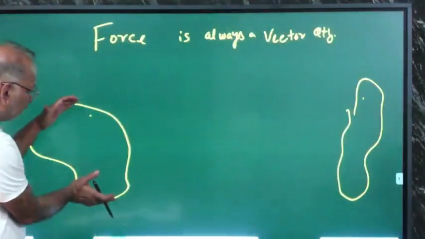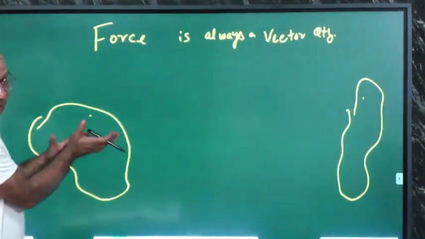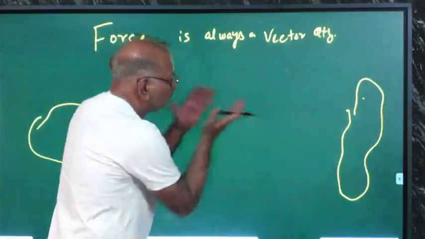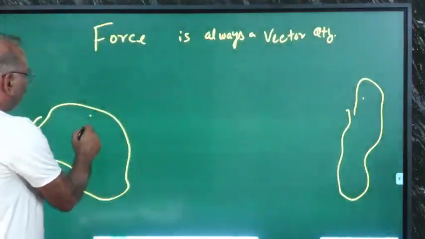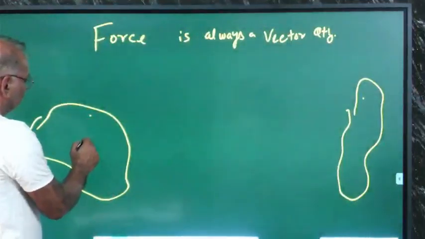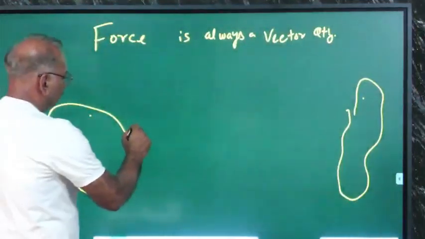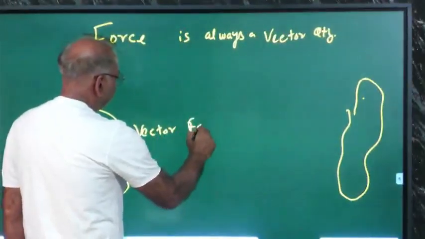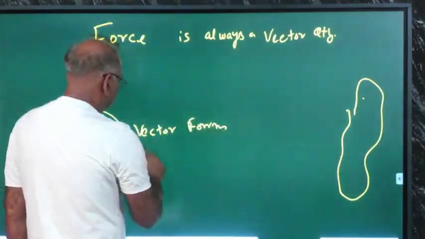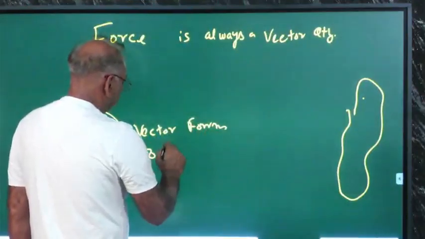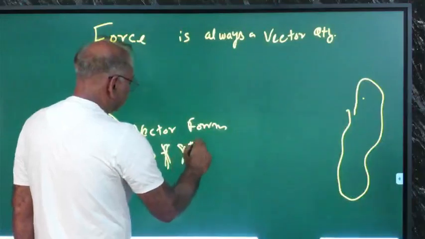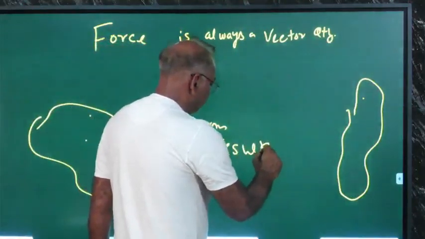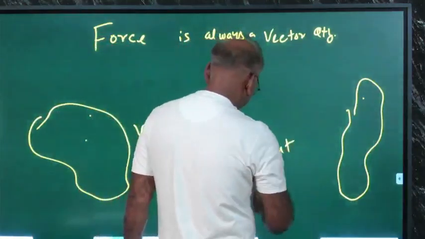So there may be innumerable forces towards this. All those forces are summed up in vector form to get a resultant force.